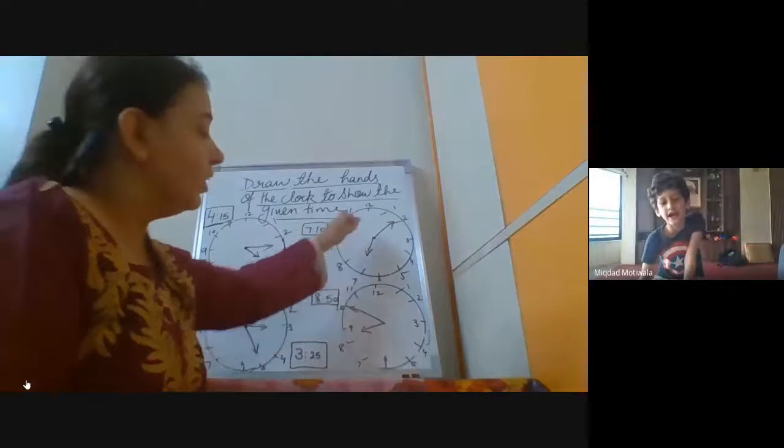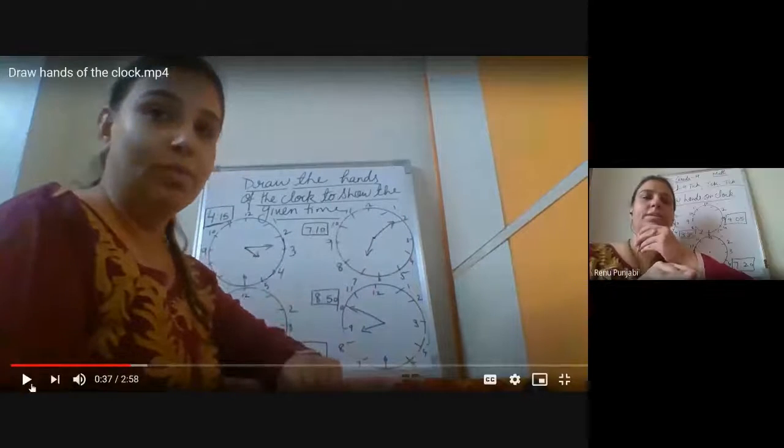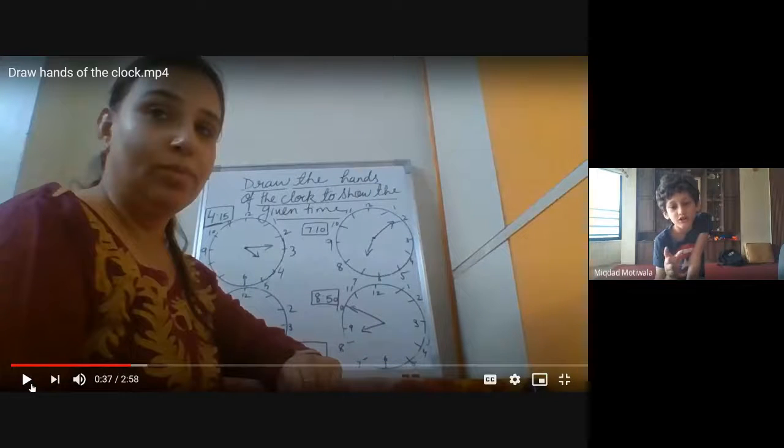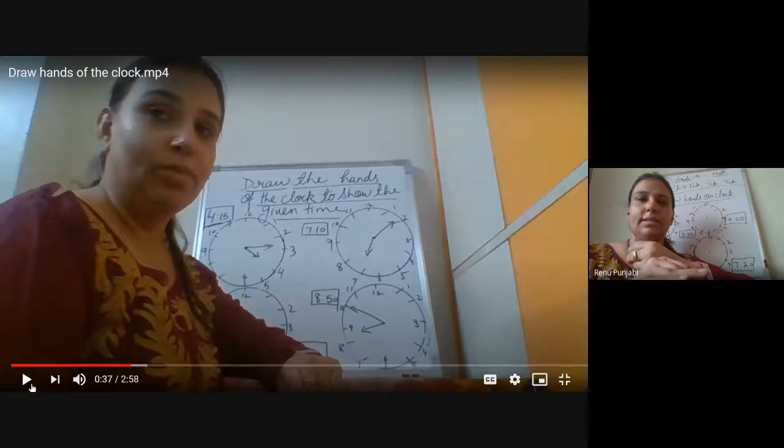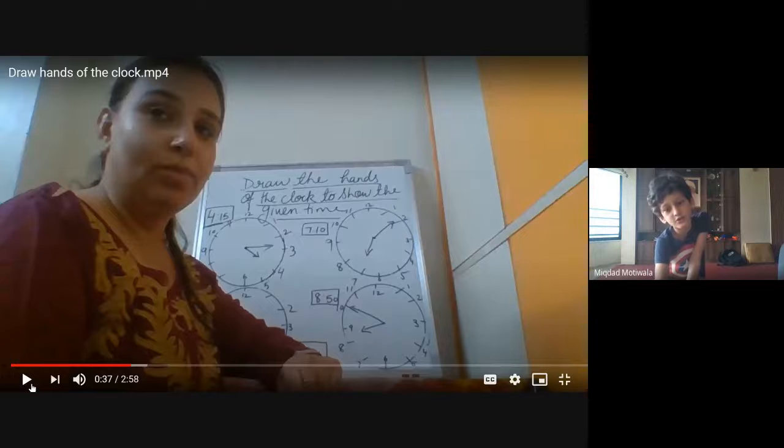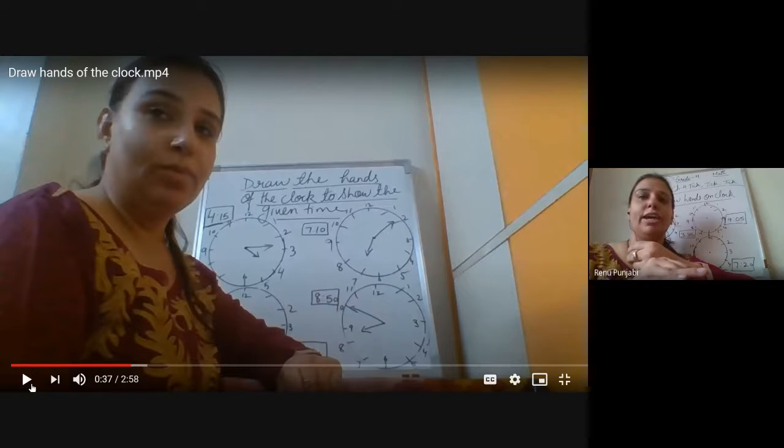Now next. Nishika said one method, I have another. Yes, tell me. In a clock, there are small lines between the numbers, and each counts 1 minute. So if I go till 2, there will be a total of 10 lines. That's 10 minutes. But Nishika told me another method. She used the table of 5 because in the clock, from one number to the next number, there is a gap of 5 minutes.